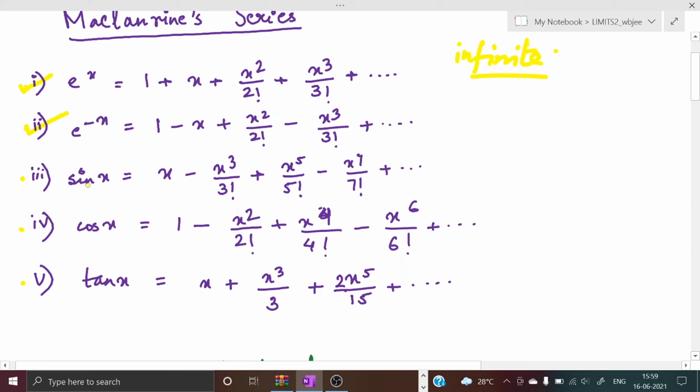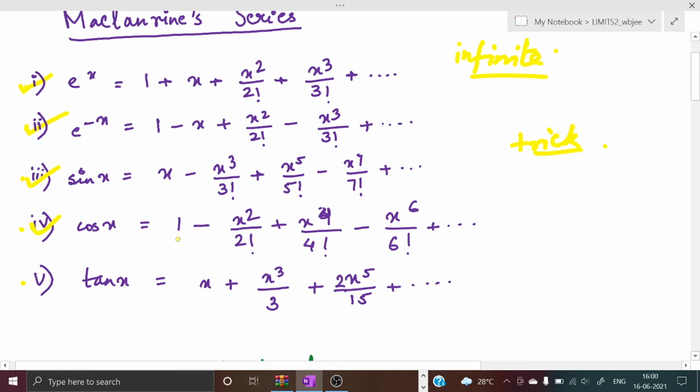Now sin x. Sin x is x minus x cubed by 3 factorial plus x to the power 5 by 5 factorial, all the odd terms. I will tell you a trick to remember this, how I used to remember. Sin x is an odd function, so odd terms are coming. And cos x is an even function, as you know.